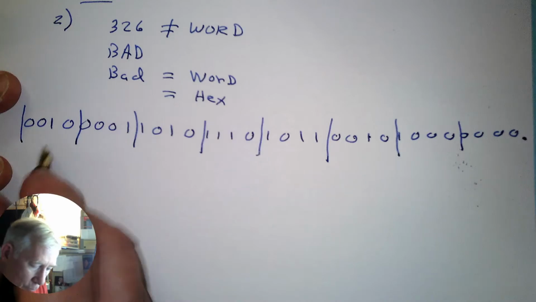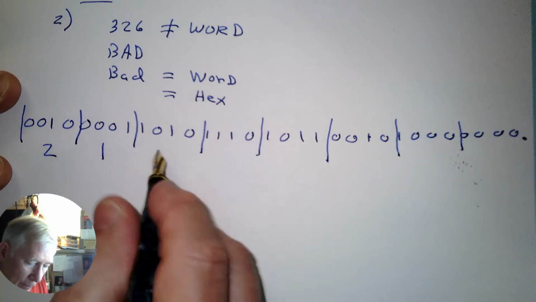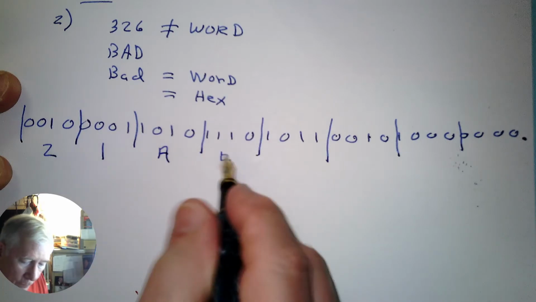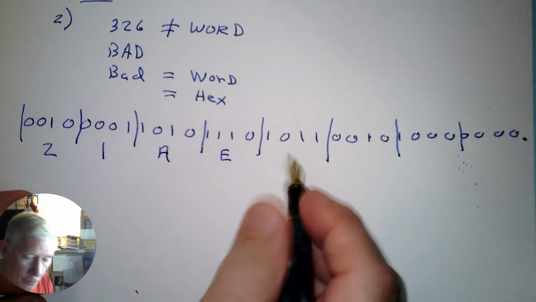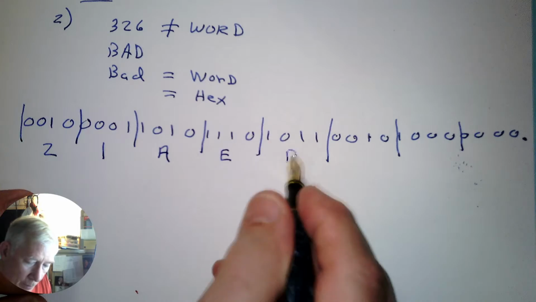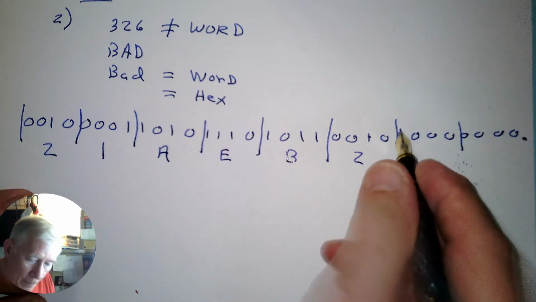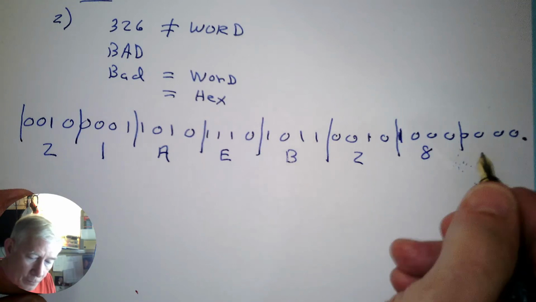So this is 2, that's 1, that's 10, or A, and that's E, or 14, and that is B, and this is 2, this is 8, and this is 0.